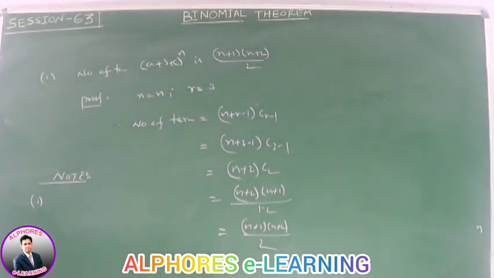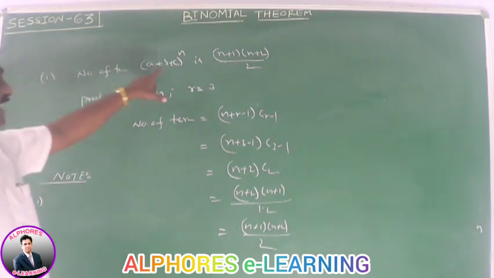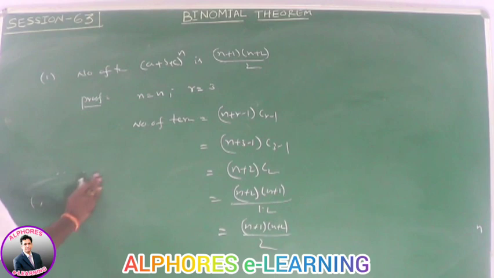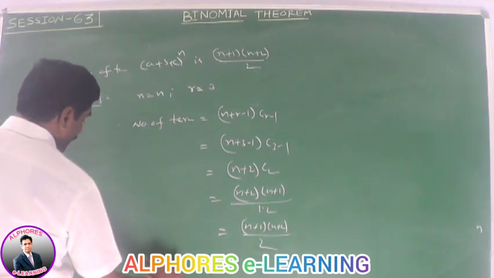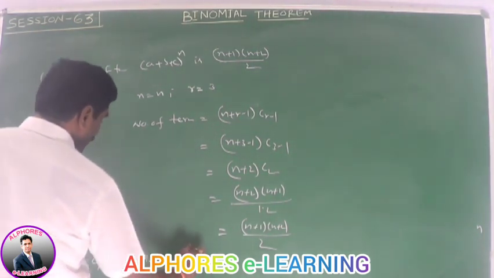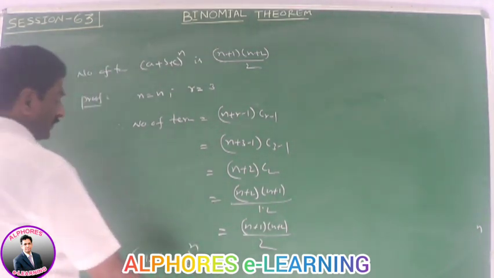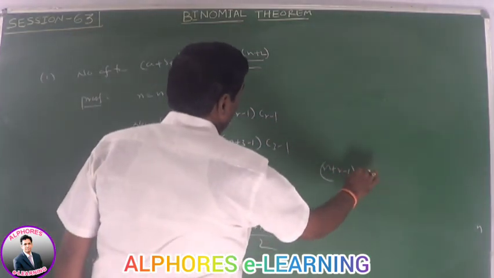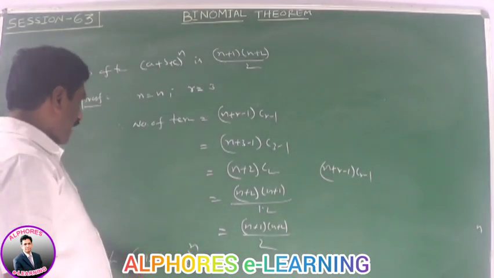Okay. If the multinomial contains 4 terms, please note that value. Second one, number of terms in a plus b plus c plus d whole power n is n plus r minus 1 c r minus 1. Okay, here what is the value of r? r is equal to 4.